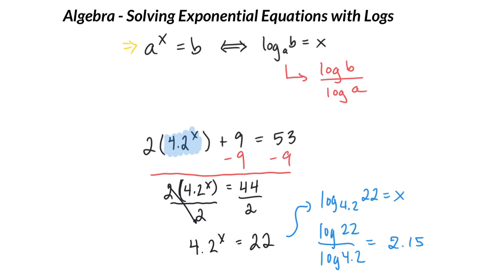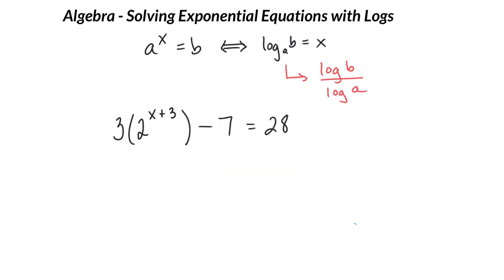Let's do one more. Okay, I added a little wrinkle here, and you'll see that I've made the exponent an expression rather than just an x. This isn't going to change much of our process till the end. I'm still going to solve around this exponential. Leave that alone to begin with. So we're going to begin by adding 7.